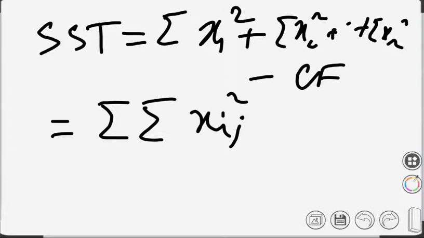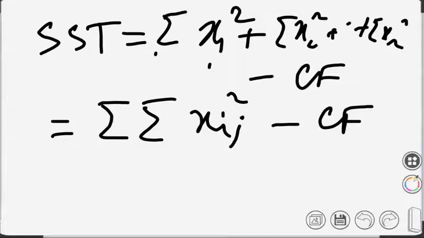That means you square each of them, then add, and then subtract this CF. First you square, then you sum. Write the formulas first, then we will calculate with the data I have given. Please, these formulas are very, very important.